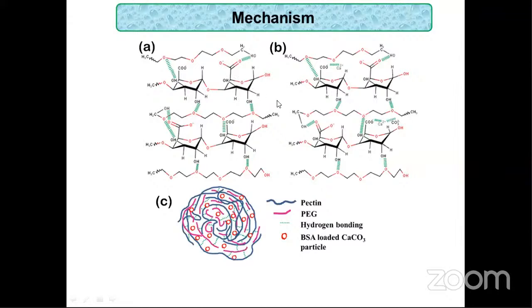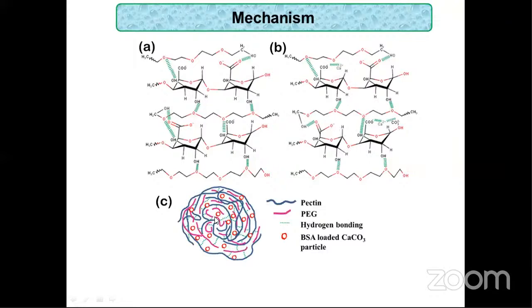When we add the calcium carbonate, the calcium carbonate interacts with the carboxyl group of the pectin molecule. It is reacting with the carbonate and making particles like this. Based on the surface charge, pectin and PEG are both negatively charged, while the calcium carbonate is feebly negative.